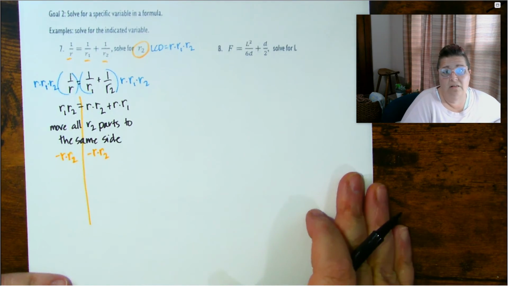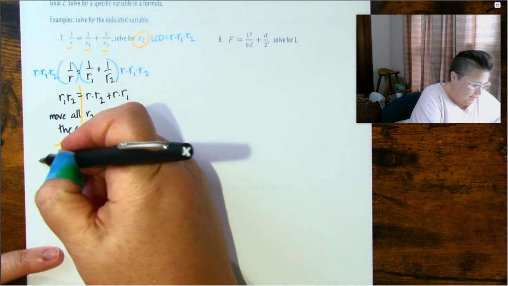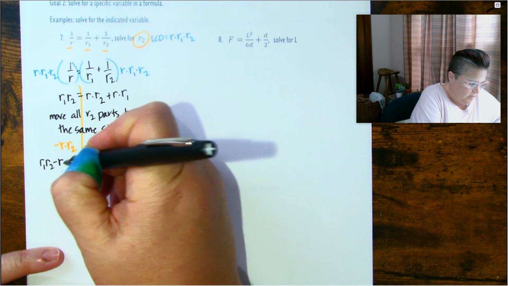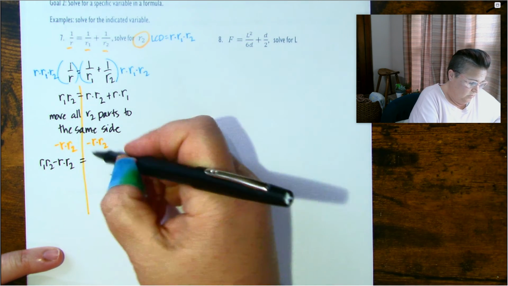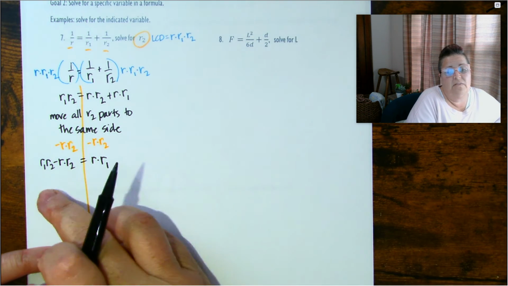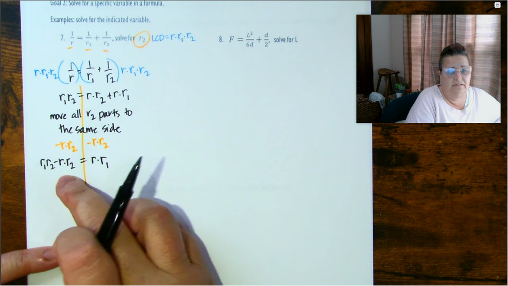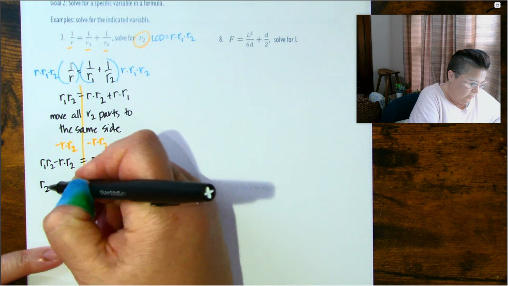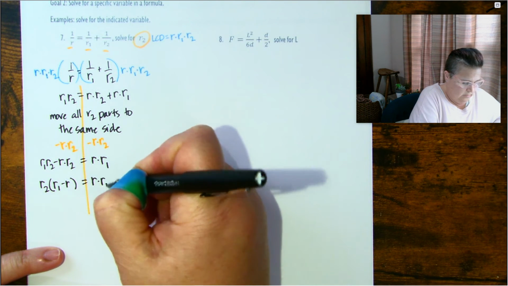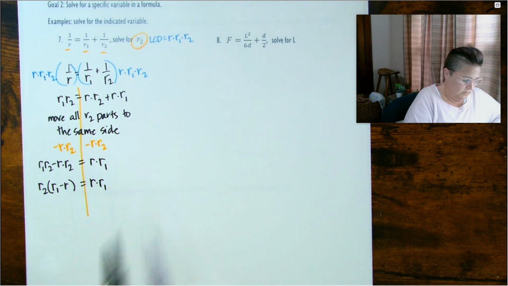Now, because it's all letters, I can't combine them like I would if they were numbers. The best I can do is write R1 R2 minus R times R2 is equal to R times R1. This puts the R sub 2's on the same side. The trick here is now to factor this out. Because I have now factored that R2, see how it was in both terms?